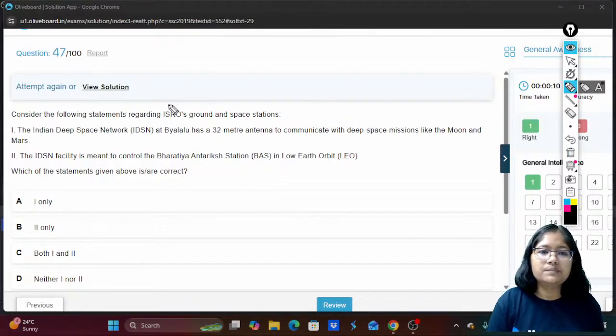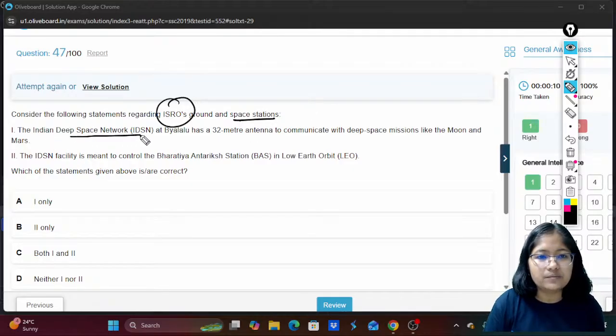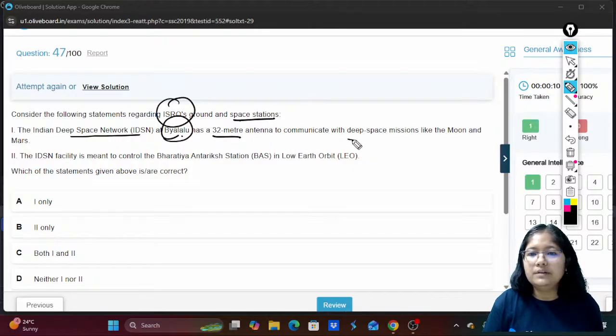Consider the following statements regarding ISRO's ground and space stations. The Indian Deep Space Network at Byalalu has a 32-meter antenna to communicate with deep space missions like the Moon and Mars. Correct? Yes, the Indian Deep Space Network at Byalalu has a 32-meter antenna.